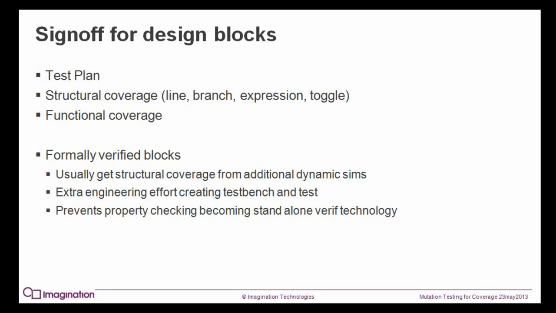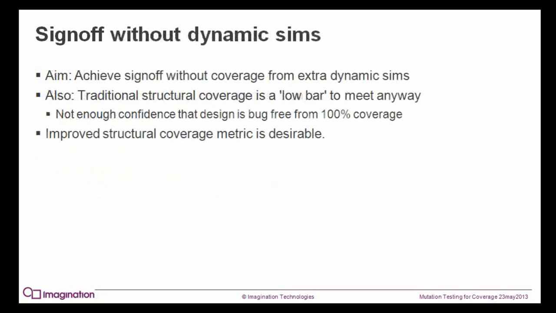So part of the objective of doing this mutation testing was to see if we were able to sign off a design that was completely formally verified without the need for the extra coverage that we'd have got from dynamic simulations.